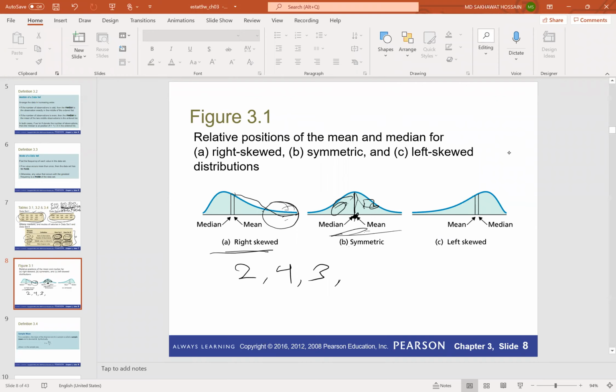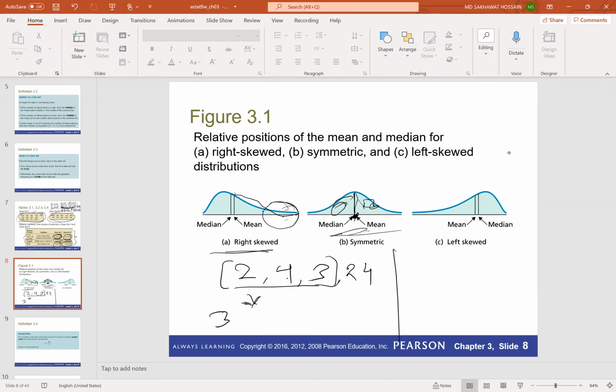First assume that we have only these 3 values. What is the average of these 3 values? 4 plus 2 is 6, plus 3 is 9, so the mean of these 3 numbers is 3, right?